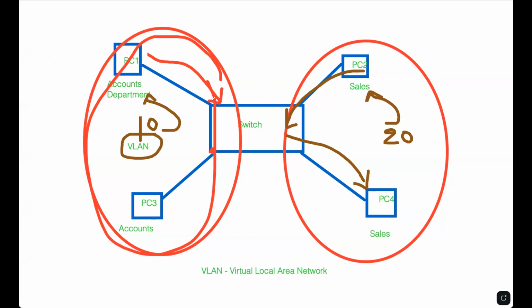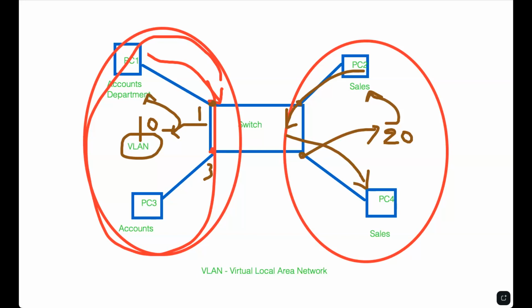And you will attach port number 2 and port number 4 in VLAN 20, and port number 1 and port number 3 in VLAN 10. So that way, we are separating the broadcast domains, making the switch broadcast domain into different groups.